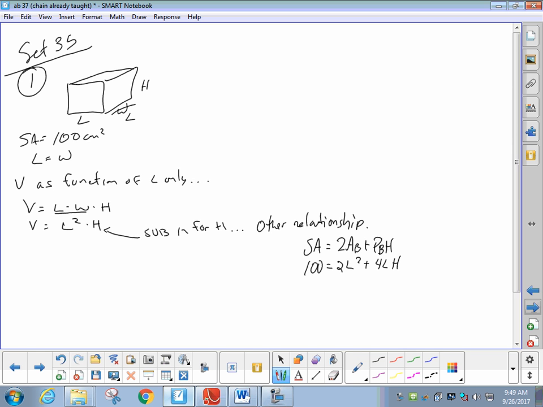What do I do? I want to sub in for h, so separate h out. Actually, I could divide out a 2 first and foremost. So I get 50 equals L squared plus 2Lh. So I see that h is (50 minus L squared) over 2L.